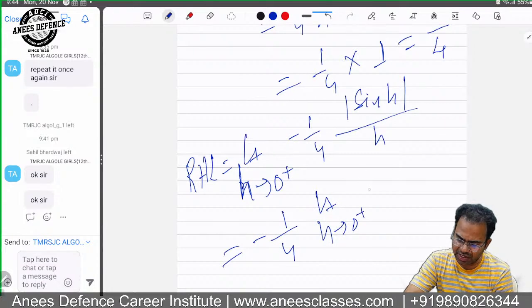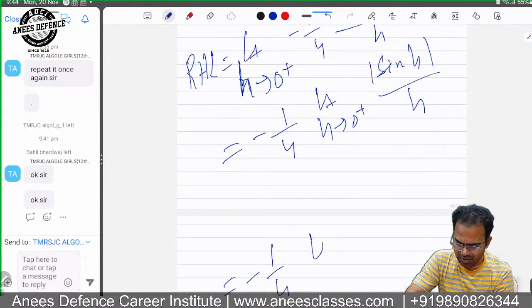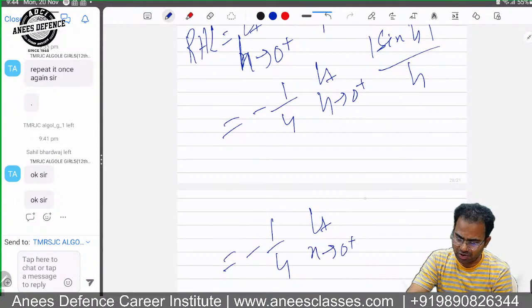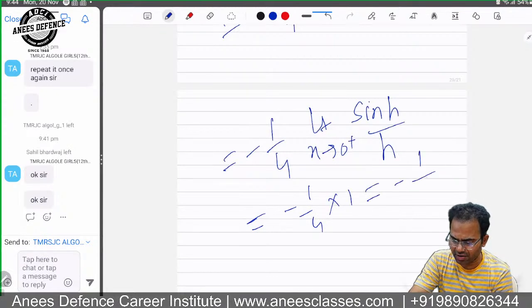Limit h tends to 0 plus, modulus sin h upon h. To the right of 0, sign is positive. So I will directly eliminate the modulus. So sin h upon h, minus 1 by 4 into 1, that is minus 1 by 4.